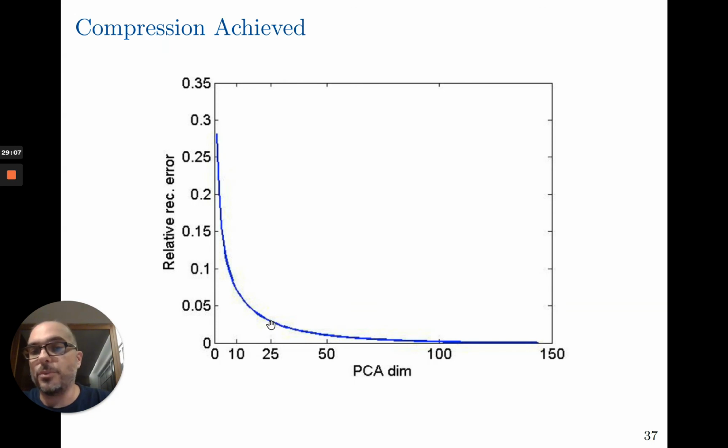If you use 25 principal components, you have already dropped the error dramatically, and as I showed you, you can still see the butterfly in the picture. So this is our first block. I hope you have enjoyed it, and I see you in the second block.